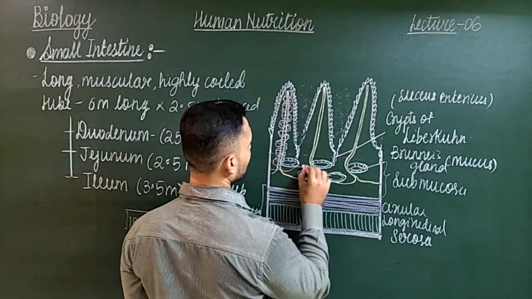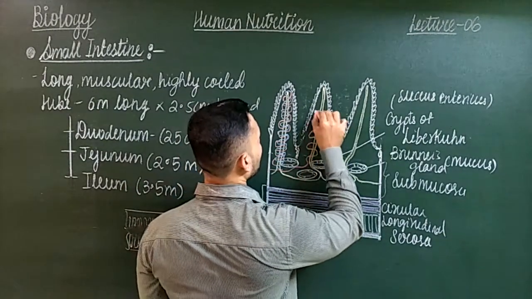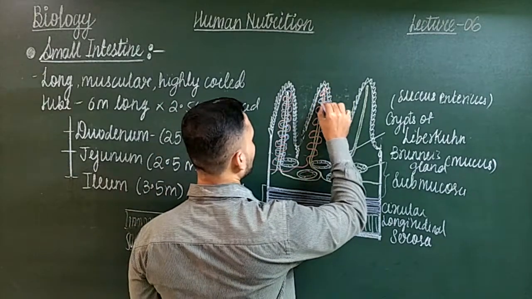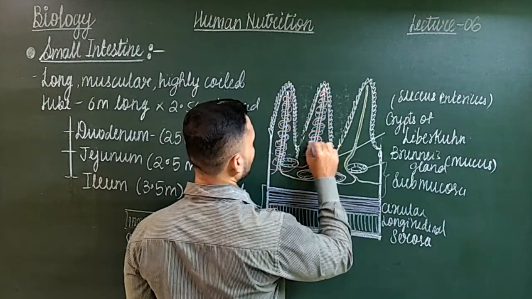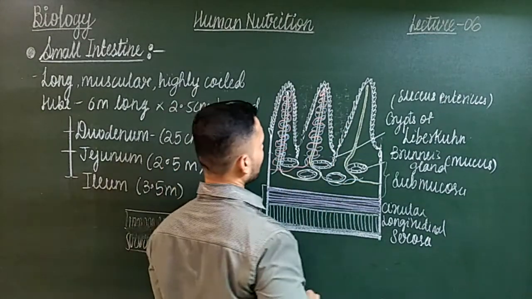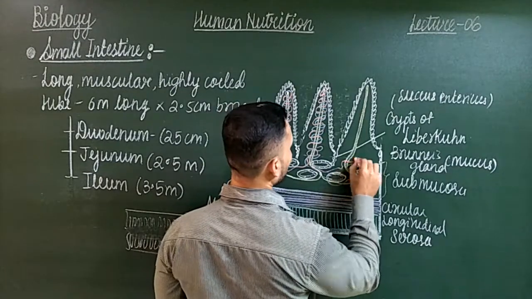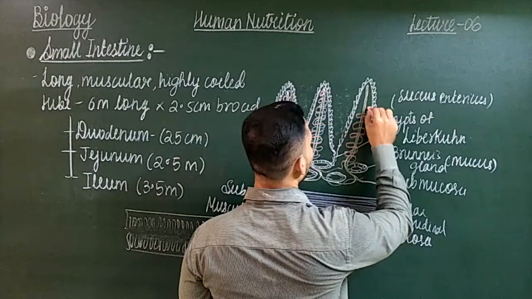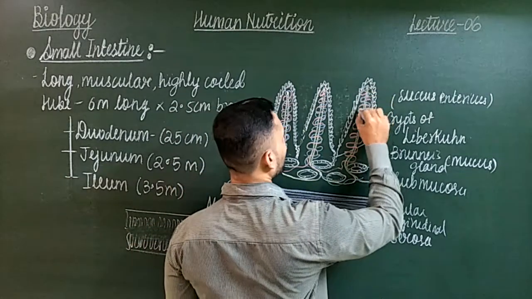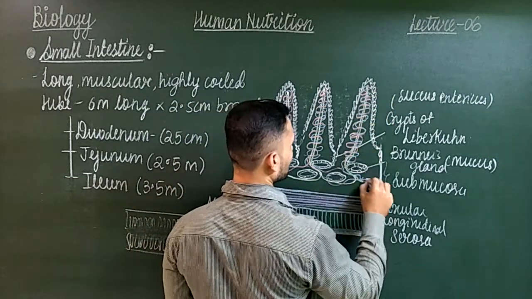So this artery will go over here and form a network over there, and that capillary network will form veins, venules, and this will reach the other side. Again, capillaries will be formed to form a network, which will then revert back to form veins.